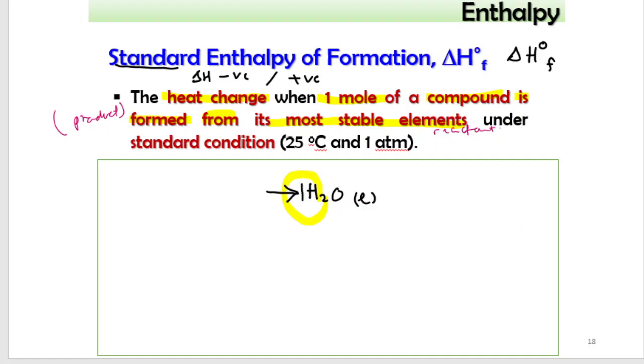Okay, so 1 mole of your product ataupun compound form from its element. Okay, so kita tengok ada elemen apa? Hydrogen dan oksigen, stable elements. So hydrogen stable state dia adalah H2 gas. Okay, and oksigen, dia exist stable as O2 gas.